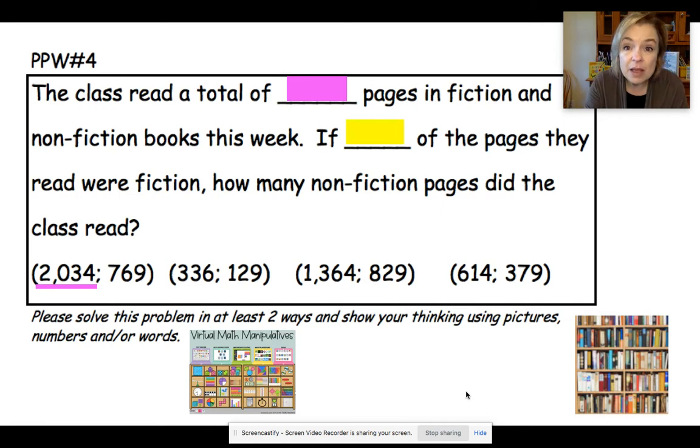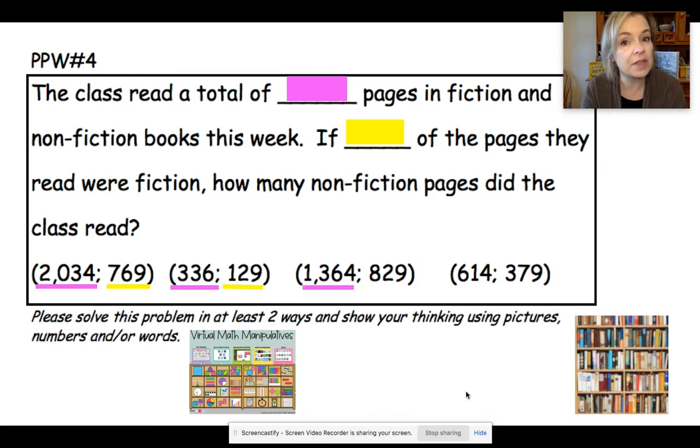So maybe the class reads a total of 2,034 pages in fiction and nonfiction, and they read 769 fiction pages. You're going to try to figure out how many nonfiction pages they read. Or maybe you're going to feel like your Just Right set is 336 pages total and 129 pages in fiction.